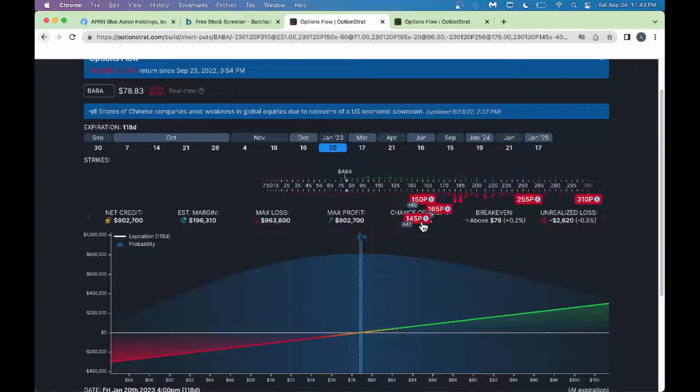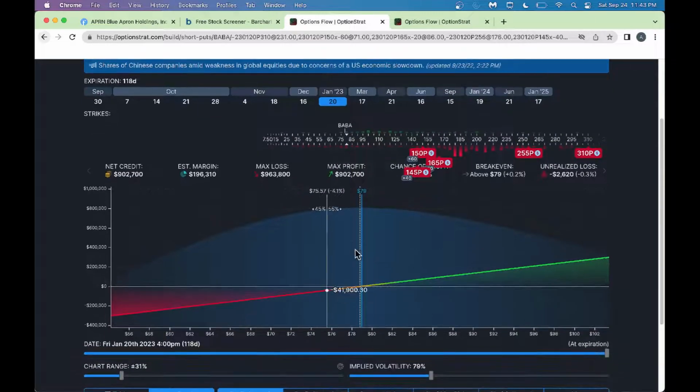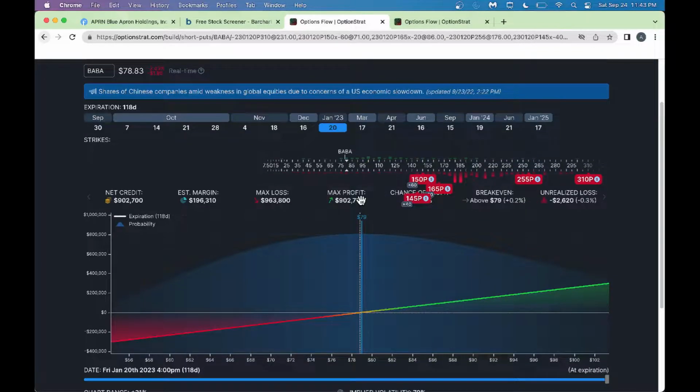I think they're hoping by Jan 2023 all this economic disaster will be behind us and Alibaba can bounce. Look, the break-even point here is 79 with this trade. They're hoping at least the stock will bounce above $79, as you can see here.